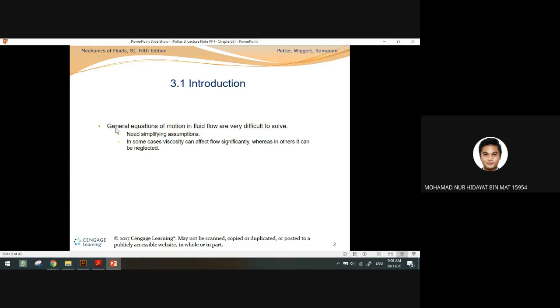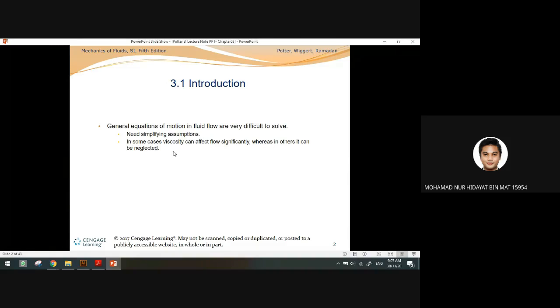It means it is very complex to solve fluid flow, because this requires simplification assumptions. Secondly, in some cases, viscosity can affect flow significantly, whereas in others, it can be neglected. So in this case, we're going to make some assumptions to simplify the process.